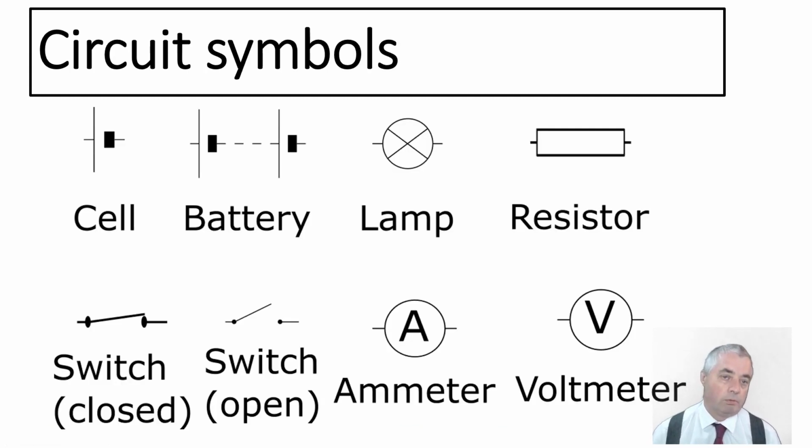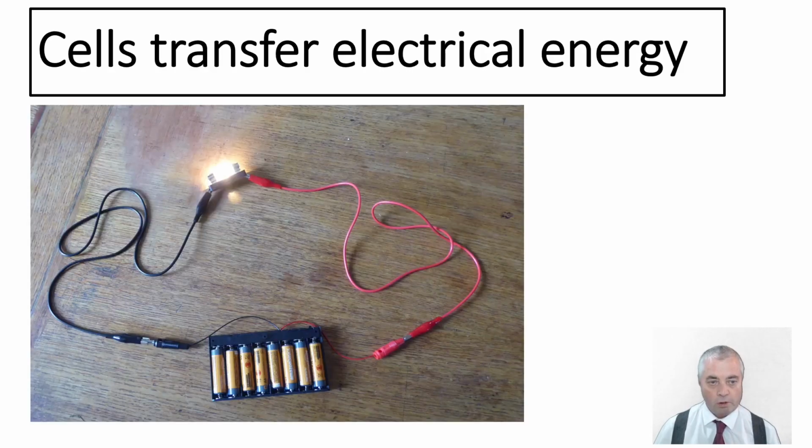You also, before you even started your GCSE, would have seen some of the symbols that we use in circuits. So you will have seen a cell. I'll explain what that is. If we were drawing a battery, if we were looking at that battery that I used in the circuit before, look, there's 8 of them. 1, 2, 3, count them.